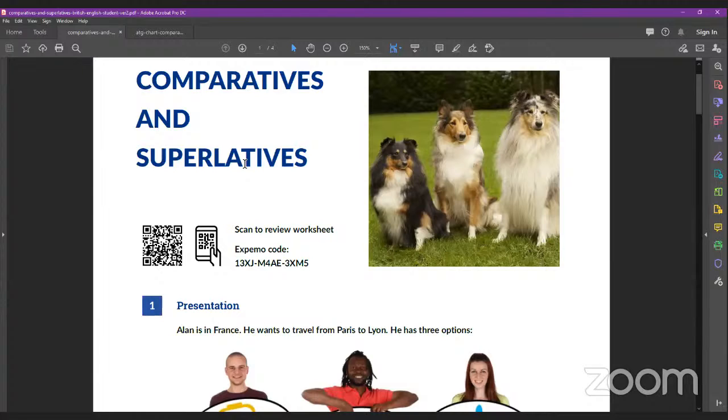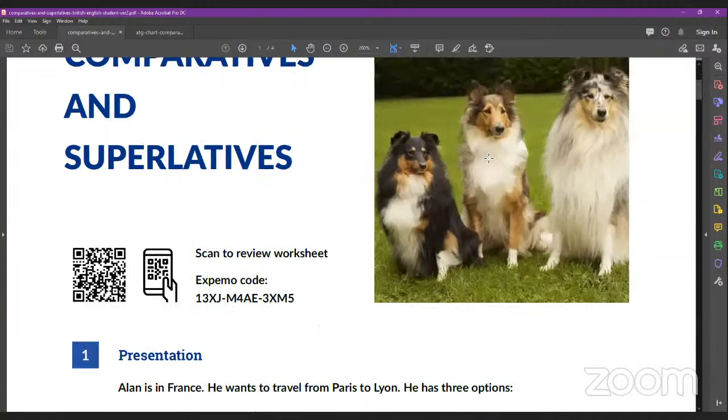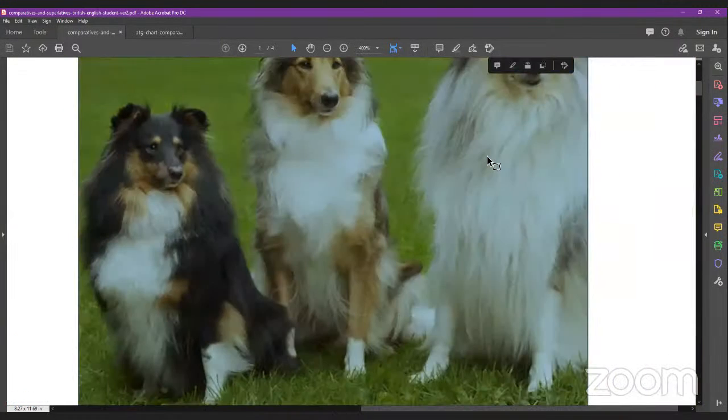You see the dogs. Those dogs have different sizes. 3 dogs with different sizes. We can use adjectives for these dogs. I want you to look at these dogs.